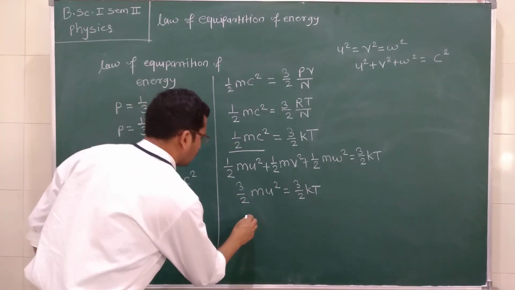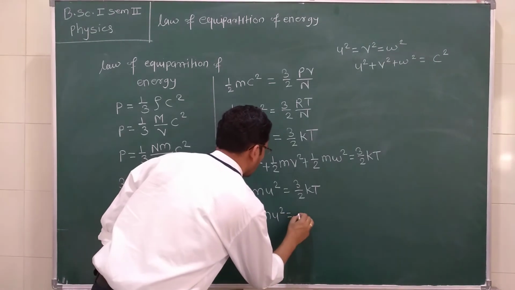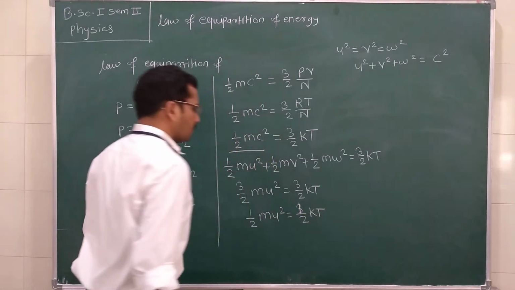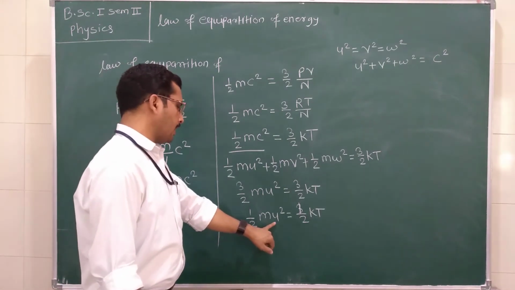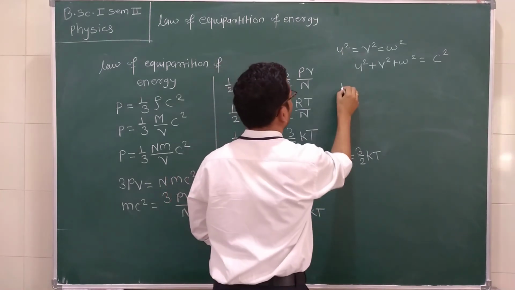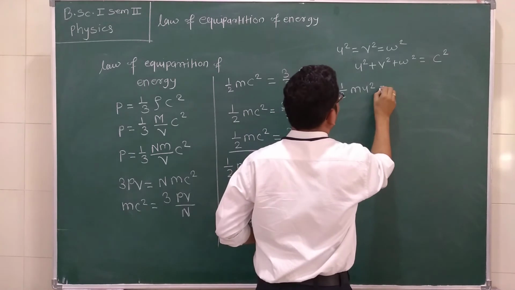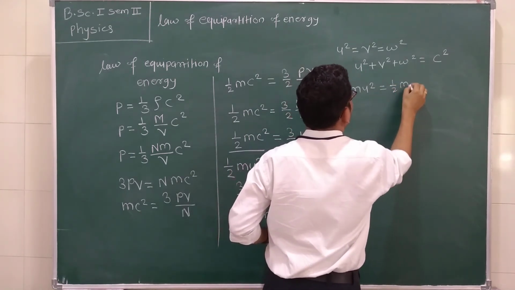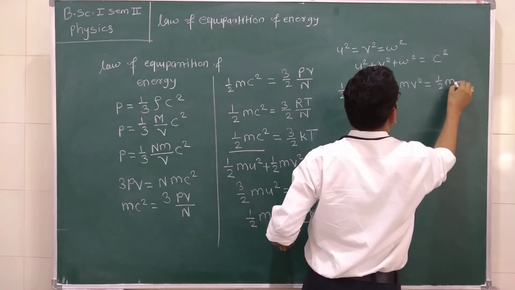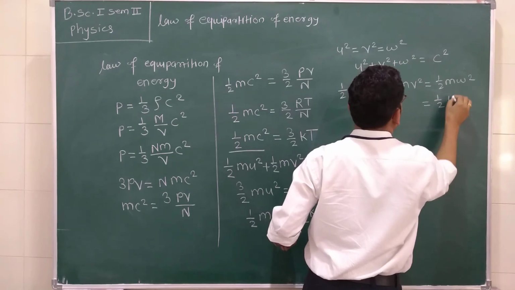Therefore we can write 1/2 mu² is equal to 1/2 kT. But we can also write this for v² and w². So 1/2 mu² is equal to 1/2 mv², which is equal to 1/2 mw², which is equal to 1/2 kT.